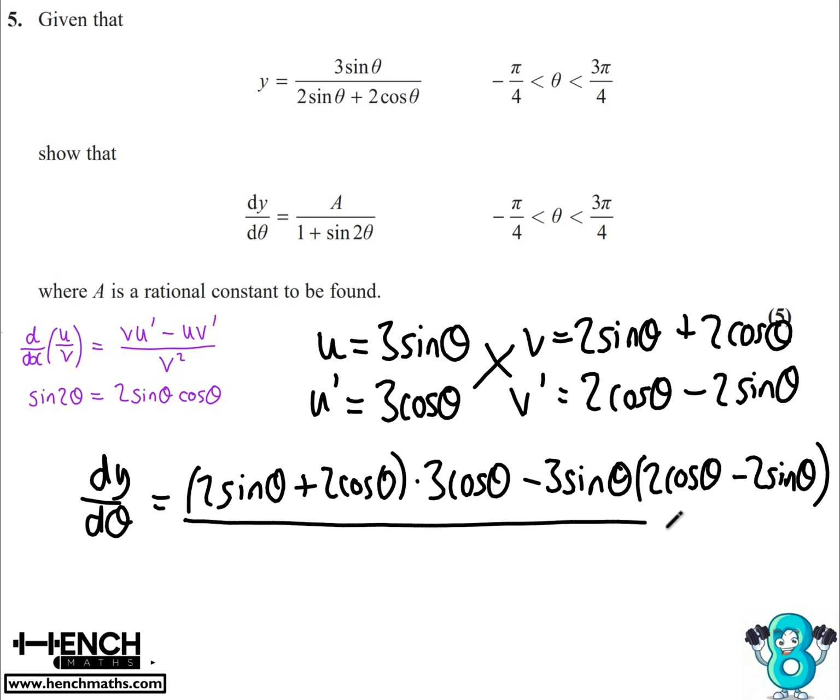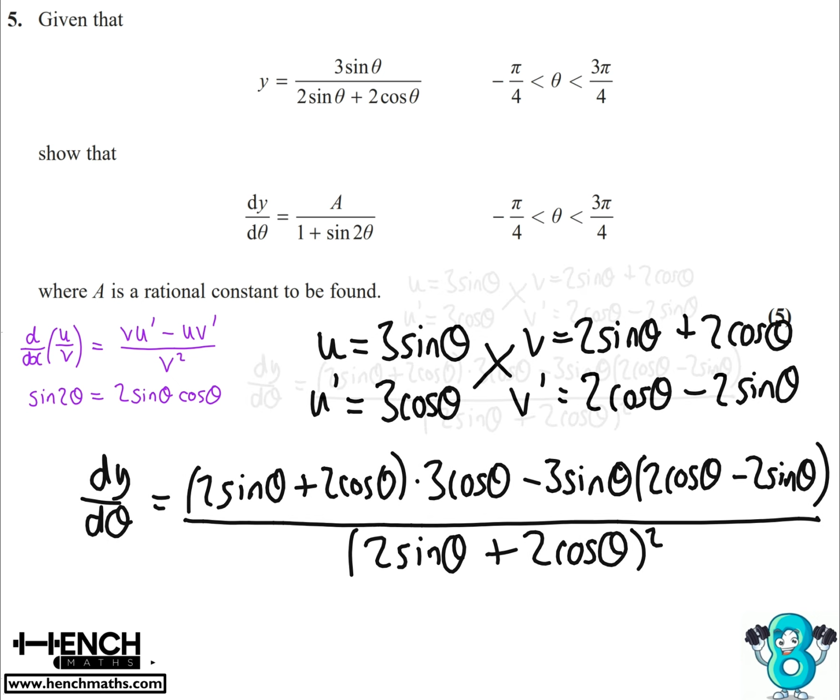So we'll do a big division, 2 sine theta plus 2 cos theta squared. And so we're just going to need to do some simplification here.